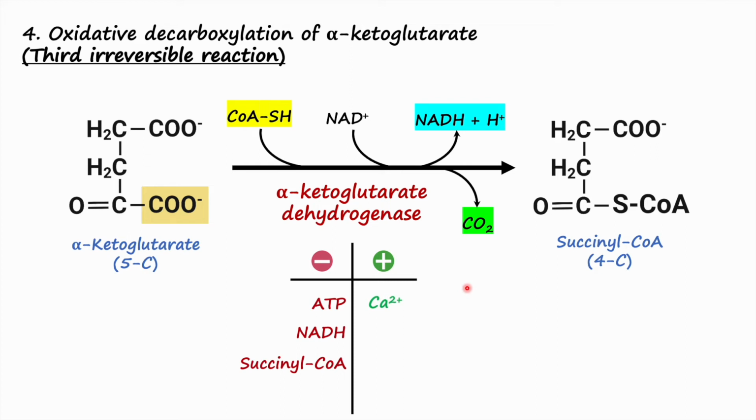On the other hand, an increase in calcium level in the cells can activate the enzyme. So this is the fourth reaction of the citric acid cycle, the oxidative decarboxylation of alpha-ketoglutarate, and most importantly, this is also the third irreversible reaction of the citric acid cycle.